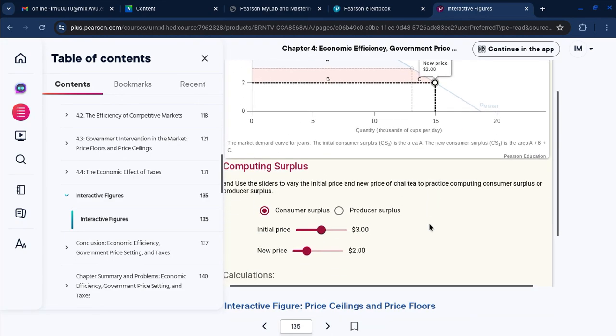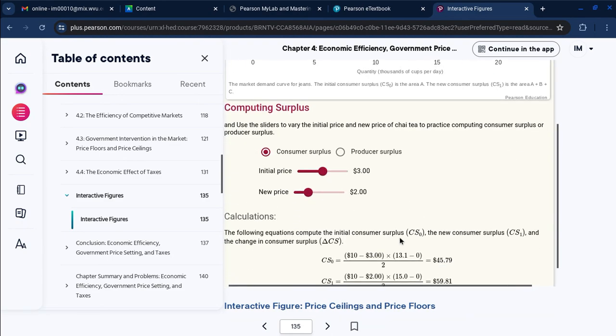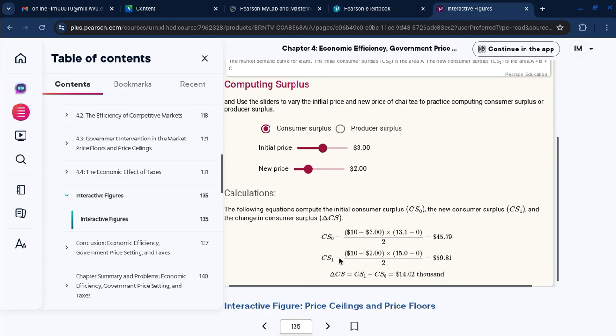And then compare that to the calculation for the new consumer surplus. It's the same height, and the same initial thing, but now we're comparing it to the new price, and we have more consumers who are willing to purchase the product because it is now cheaper. And that gives us our calculation.